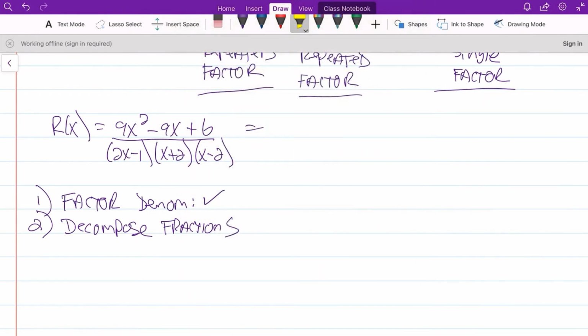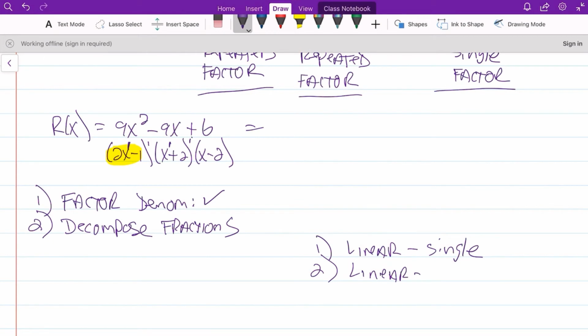All right, and in my denominator here, if we go back to the terms I used above, I'm just going to write my factors over here. If I look at this one, again, the exponent is 1 here, and it's 1 here. So I have a linear factor, and it's single for that first factor. And then we're going to look at the second factor. So that's also a linear factor. So the second factor is also linear.